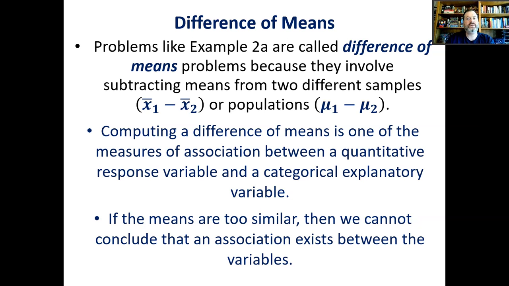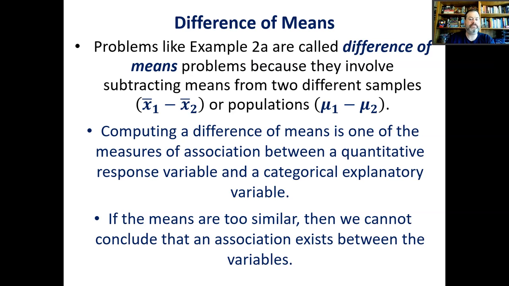And that leads us to this slide here. So problems like example 2a are called difference of means problems because they involve subtracting means from two different samples or populations. It doesn't matter if you're doing samples or populations. Computing a difference of means is one of the measures of association between a quantitative response variable and a categorical explanatory variable.